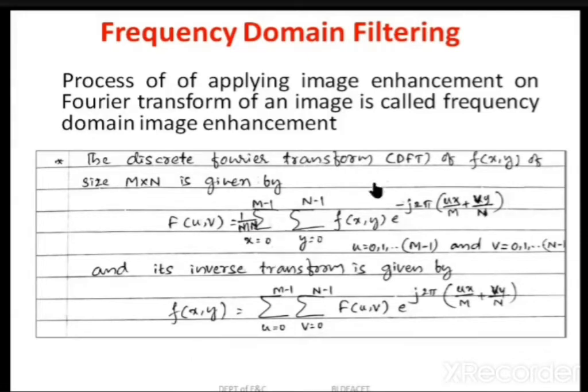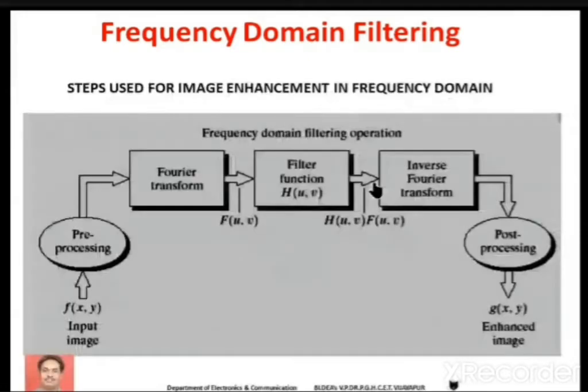Here we have the steps which are used for enhancement of the image in the frequency domain. In case of spatial domain, directly we are manipulating the pixels for enhancement. But in case of frequency domain, it is not the case. We have to use a set of operations.